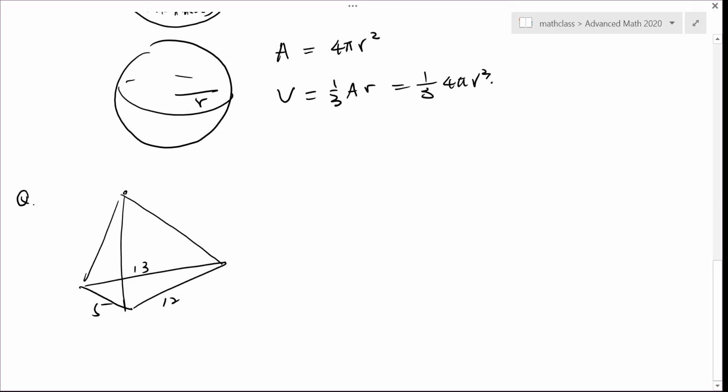If I know the height H is going to be 10, let's try to find the volume. The first thing we have to find is the area of the base. Find the volume.